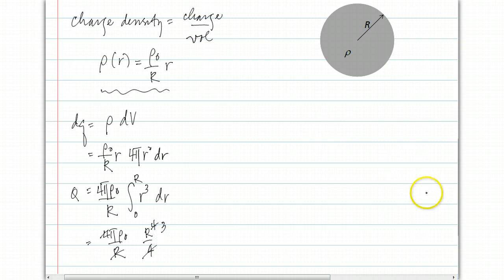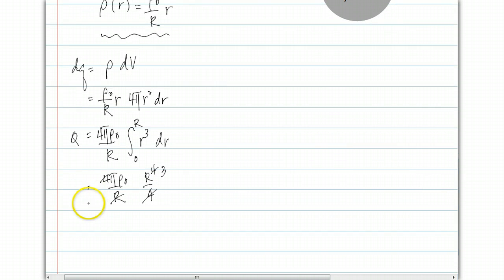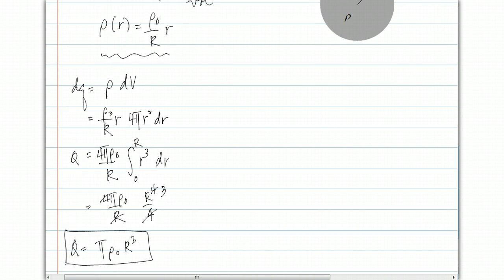This gives me R cubed. So I have a total charge of pi rho naught R cubed, and that is dimensionally correct because rho naught has units of charge per volume. I'm multiplying by volume, so that's the total charge contained within this non-conducting charge sphere.